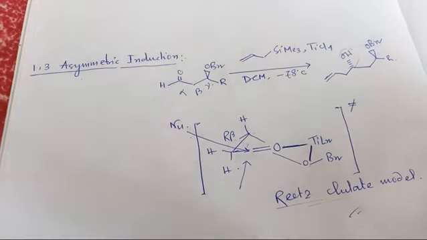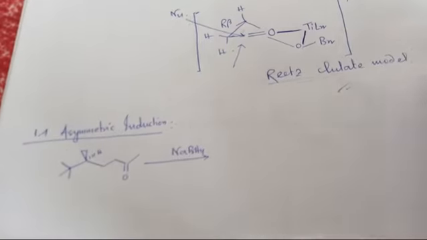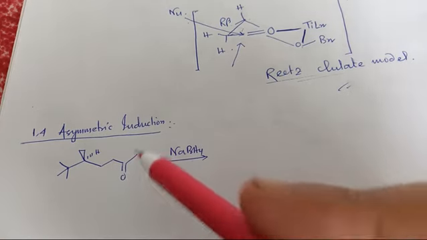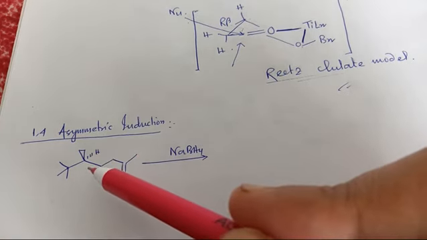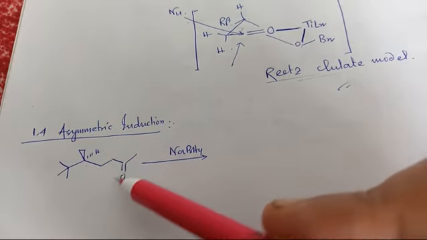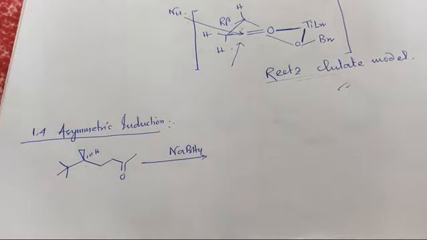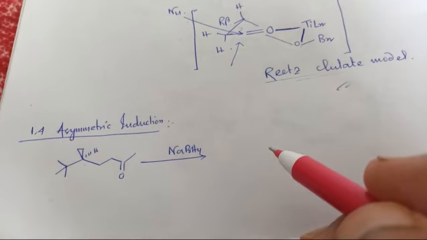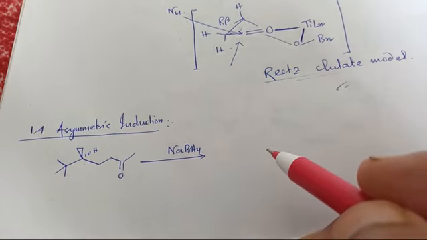Okay, fine. Now coming to 1,4 asymmetric induction. Here you can see there is a chiral center at the alpha, beta, gamma, delta position, or 4 position. How will it influence? If you look at the products, it will give a racemic mixture.